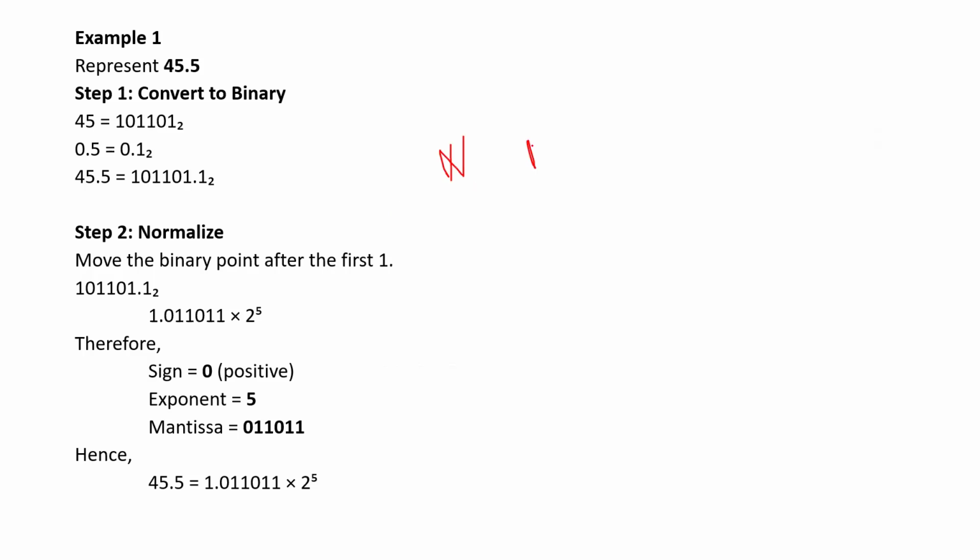This is called mantissa. This is base. This is exponent. Just you can take for example 111 into 2 power 9. What is mantissa? 111 is mantissa. Base value is called 2. Exponent value is called 9. So like this we have to write.